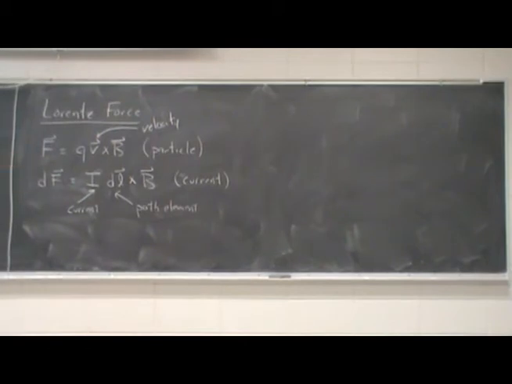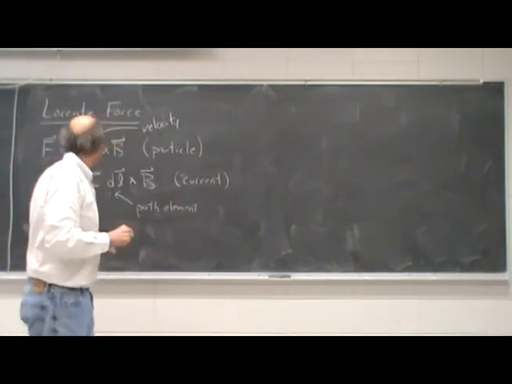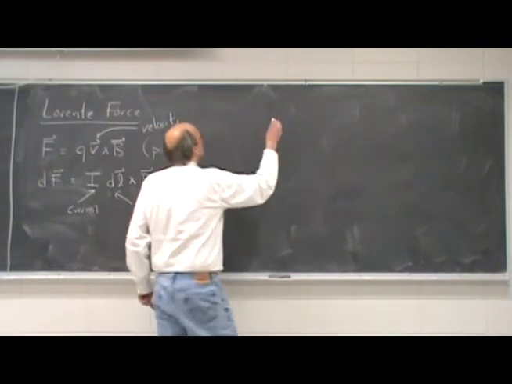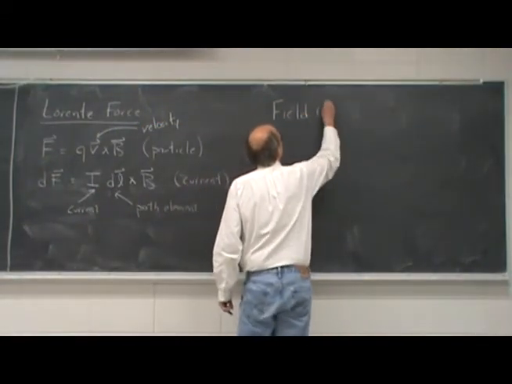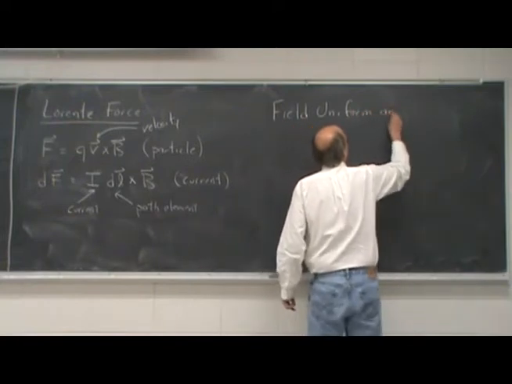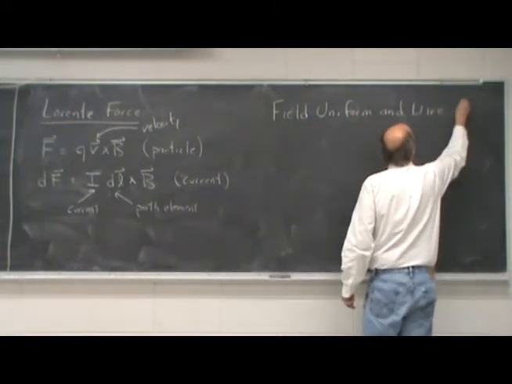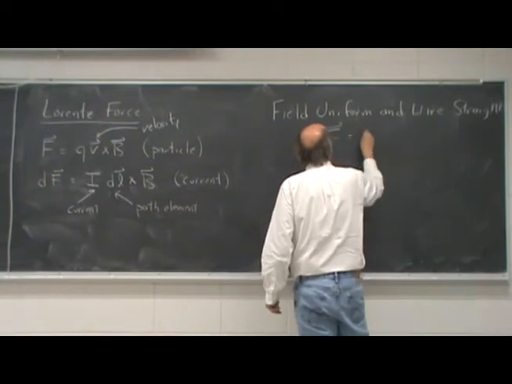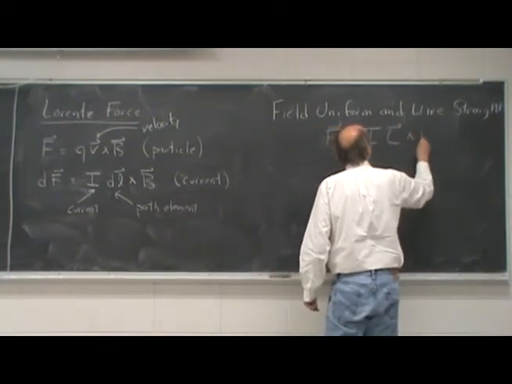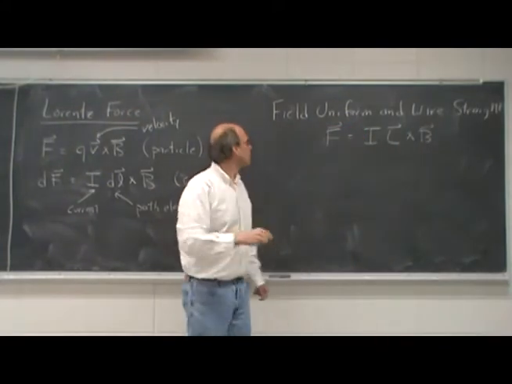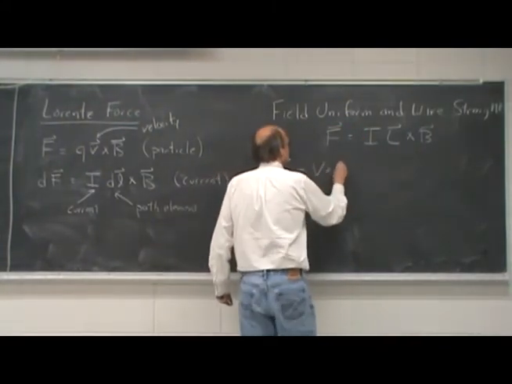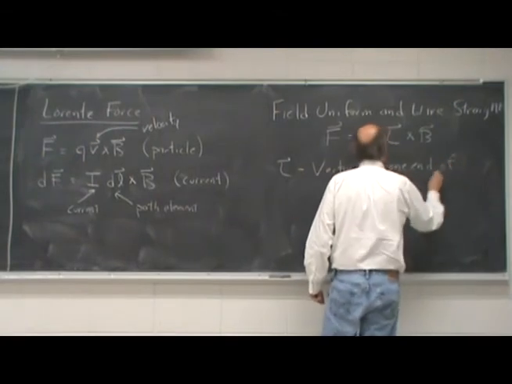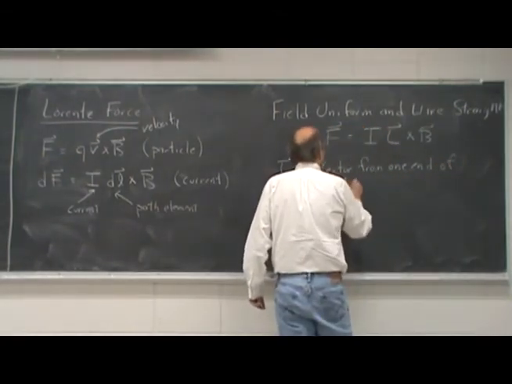All right, so we've probably done enough integration to last you forever. If we let the field be uniform, and the wire be straight, the force on the wire is F = I L cross B, and this vector L is just a vector from one end of the wire to the other.